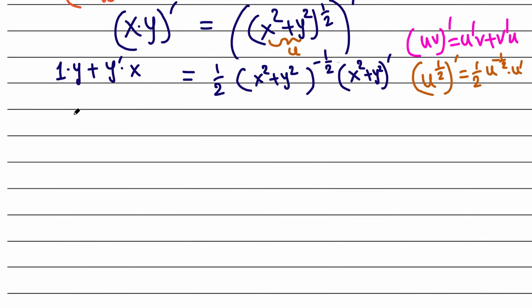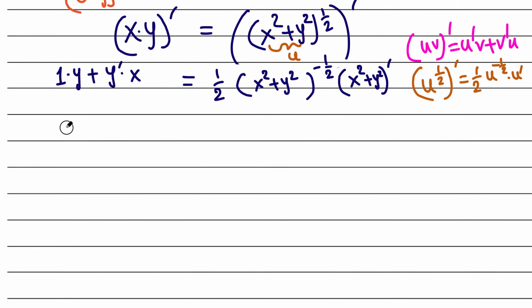So let me copy. So we got here y plus y prime x, or x y prime, same thing. Here is 1/2 raised to negative 1/2. We can bring this to the bottom with 2 so that negative will be positive.